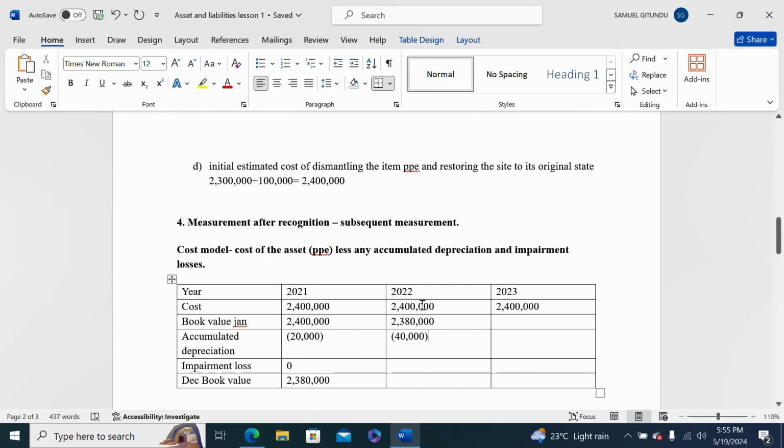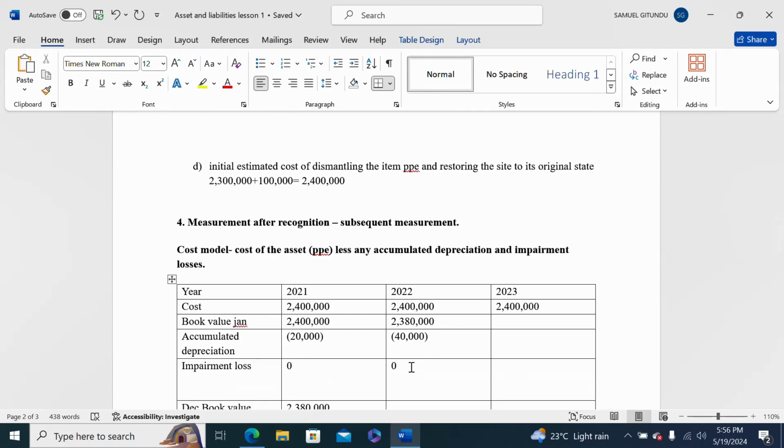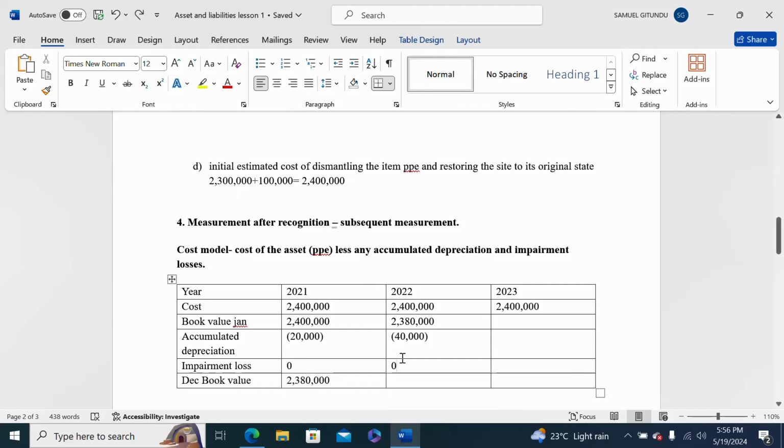If there's no impairment loss, the book value at December 2022 will be 2.4 million minus 40,000, which is 2,360,000. This will be the opening book value in January 2023.